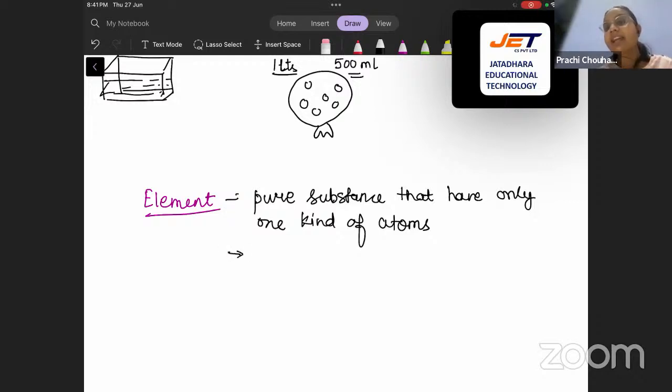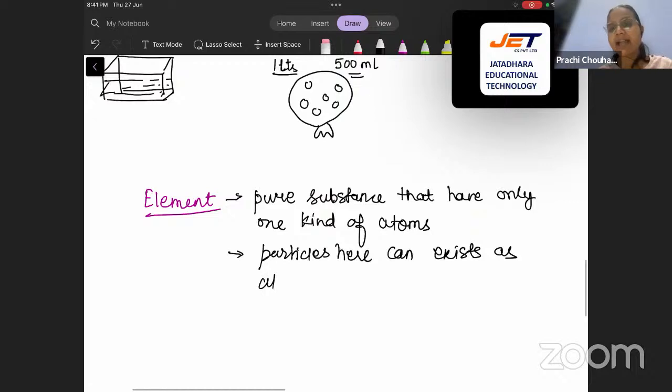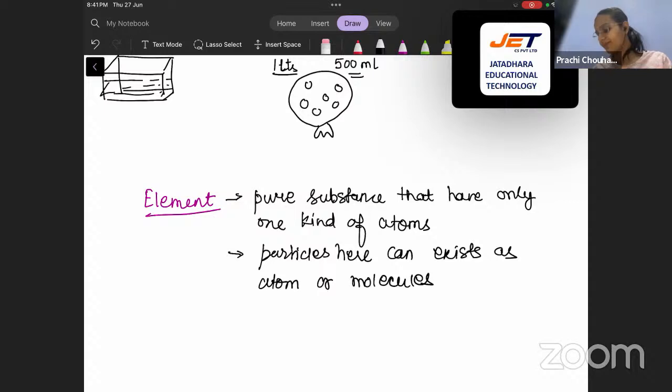And the other additional point is that the particles here can exist as atoms or molecules.